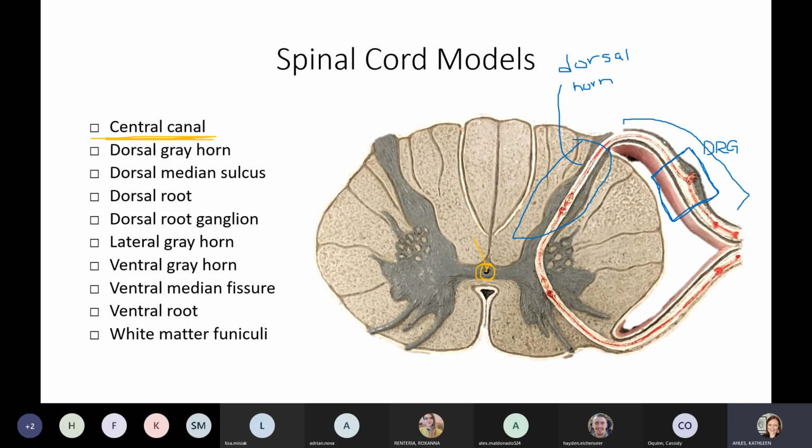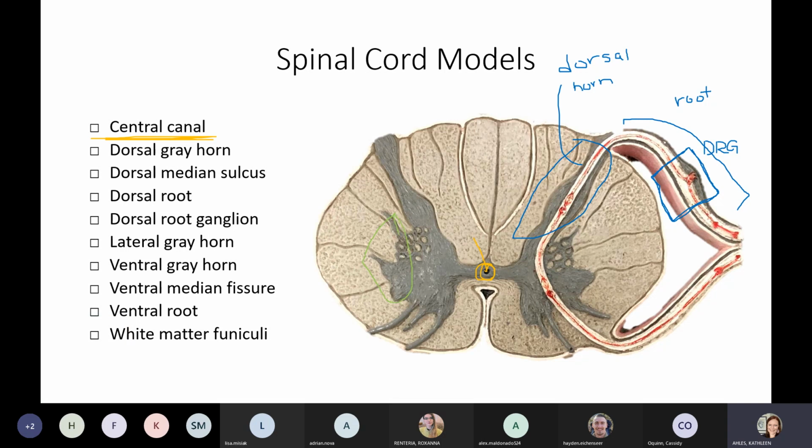All of this back here is the dorsal root. So we start with that dorsal root ganglion, where, remember, my sensory neurons live, to bring their information into that dorsal horn. We also have, if you notice, our lateral horn.